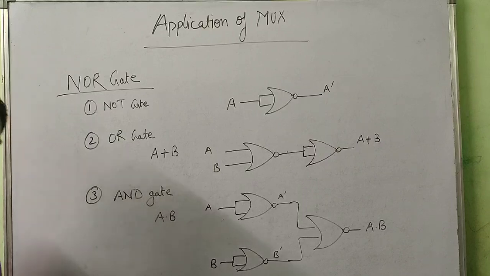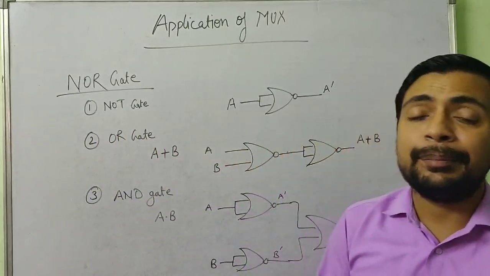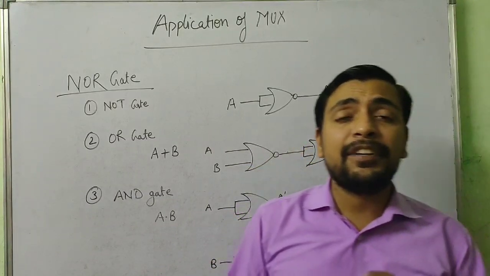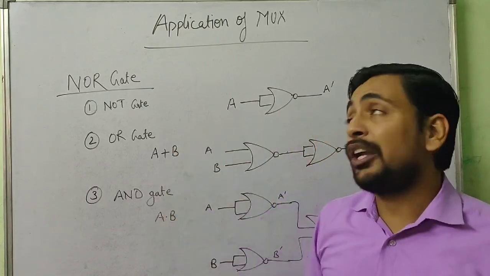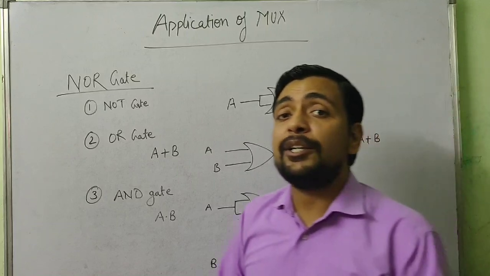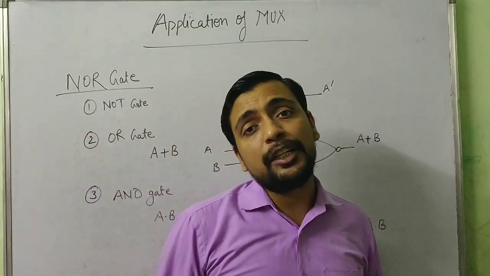Okay, so you have seen the NAND gate and we have created our basic elementary gates with the help of NAND gate. We have seen the NOR gate and we have formed our basic elementary gates with the help of NOR gate as well. Now I told you that I will provide you a hint. With that hint, you can easily identify what you have to do.